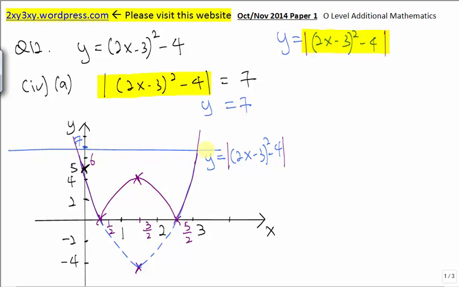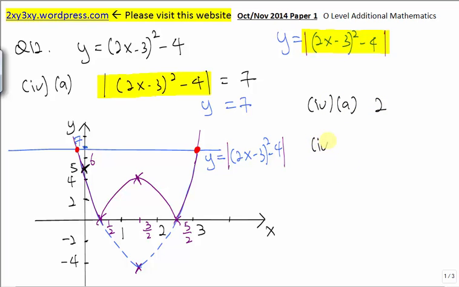To find the number of solutions for this equation, we just need to find the number of intersection points where the straight line and the curve meet. Because we have two intersection points, this equation, if we solve it, will have two solutions. So the answer for part 4a is 2.